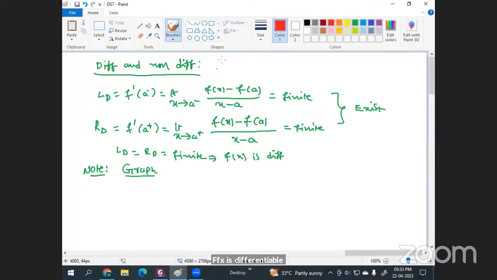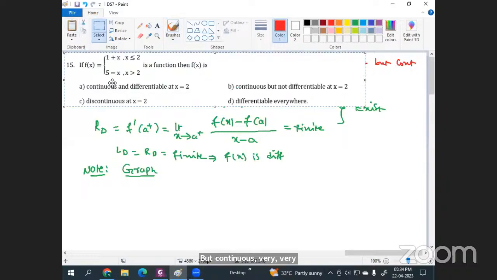Next, if left hand derivative is not equal to right hand derivative, and this is finite and this is also finite, then f of x is not differentiable but continuous. Very, very important point.